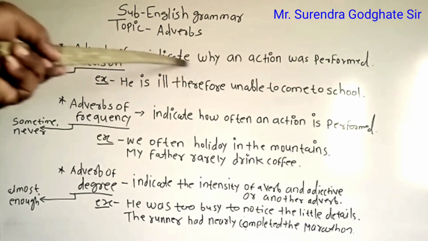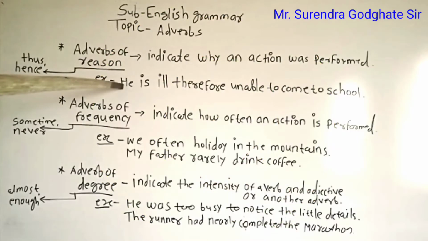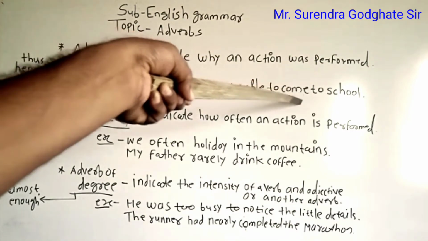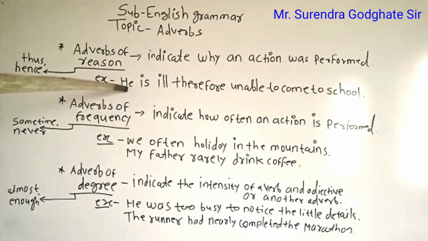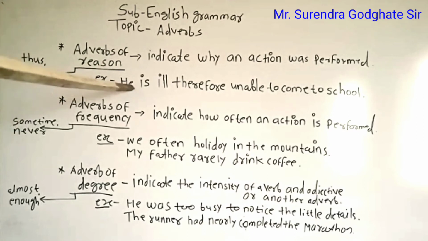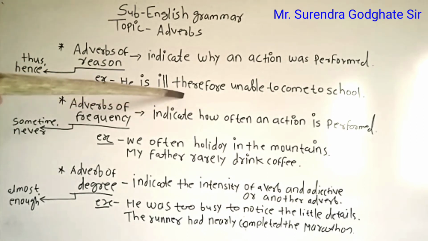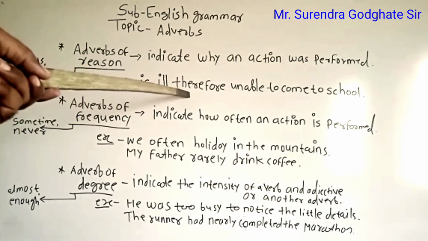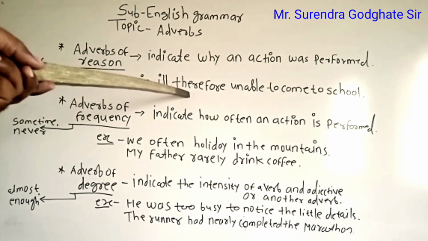So here is an example: he is ill, therefore unable to come to school. Students, can you find the adverb of reason? Here, therefore is the word that shows the reason.